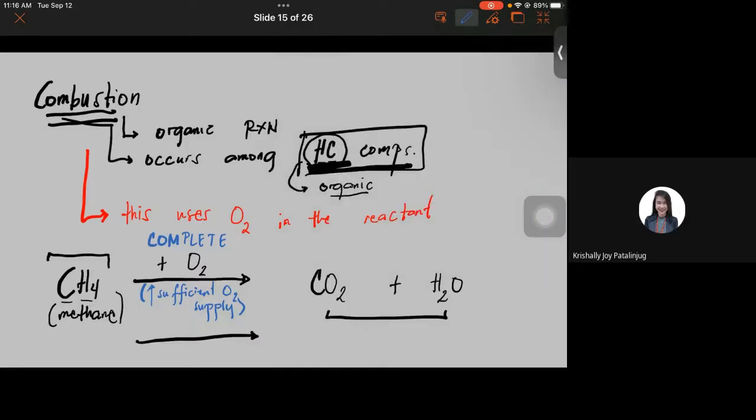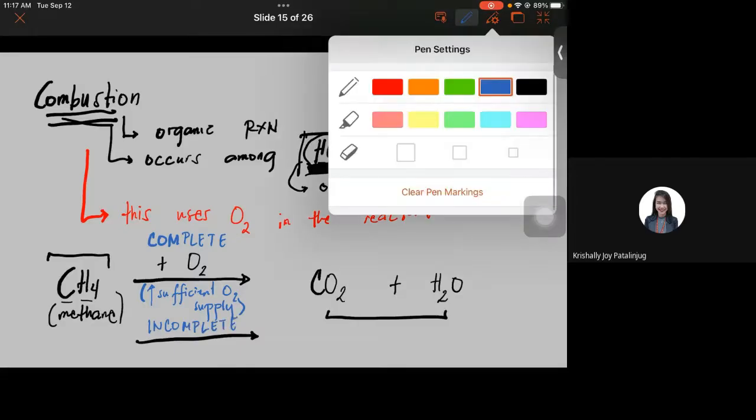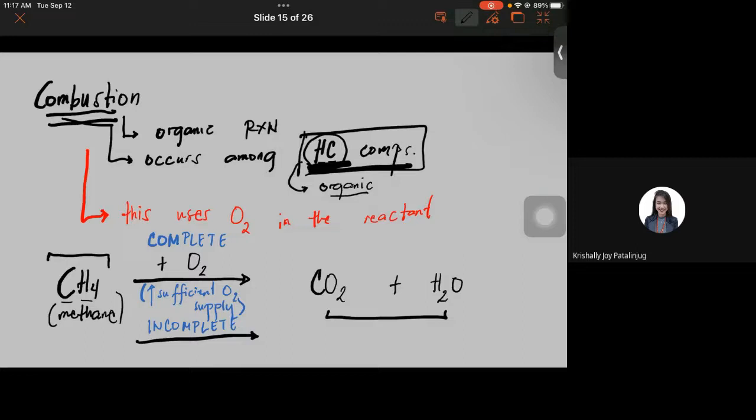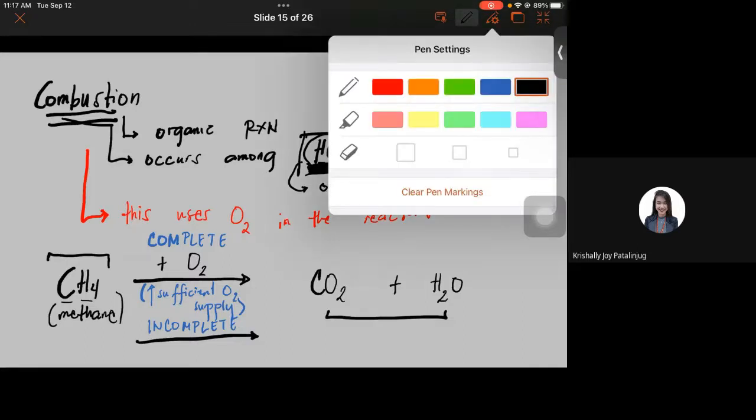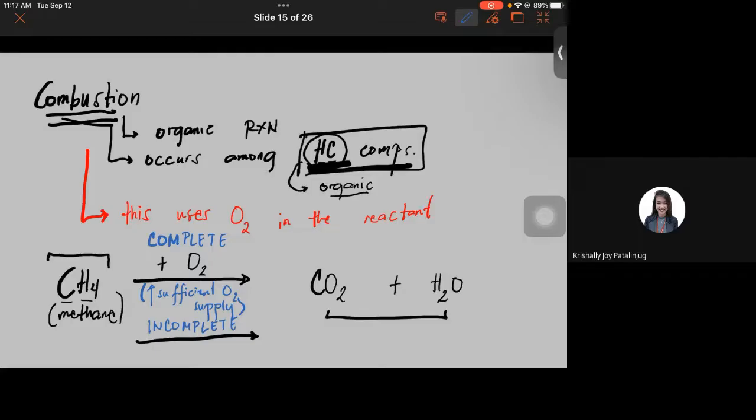Let me write it. So we also have what we call incomplete type of combustion. When is it incomplete? Again, it depends on the sufficiency of oxygen supply. So whenever in the reaction, the hydrocarbon compound is exposed to insufficient oxygen supply, then expect that the combustion will happen incompletely.